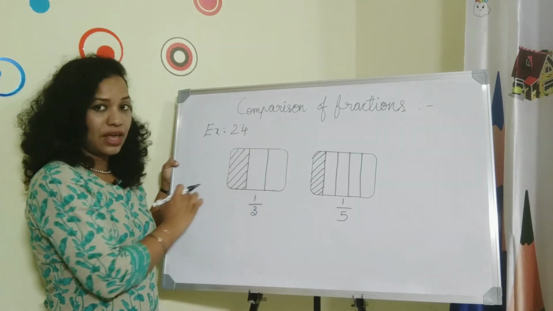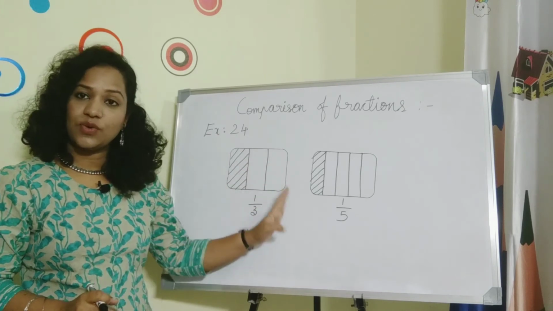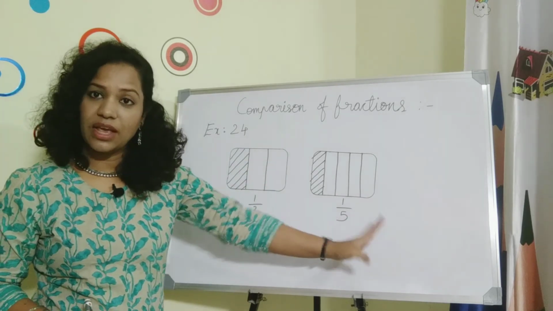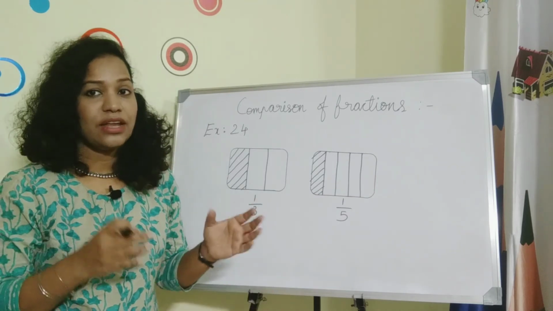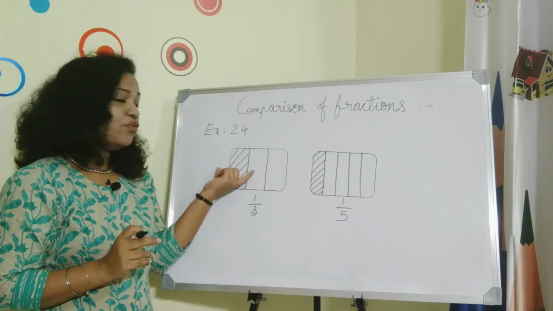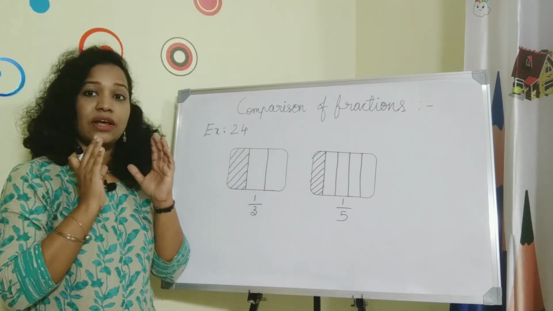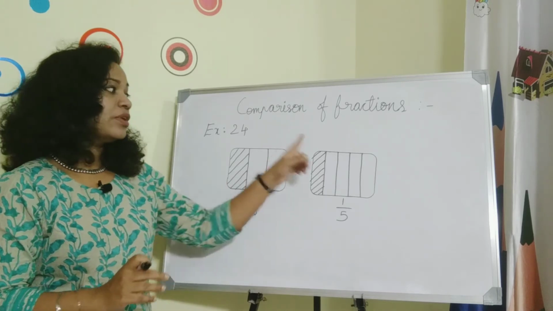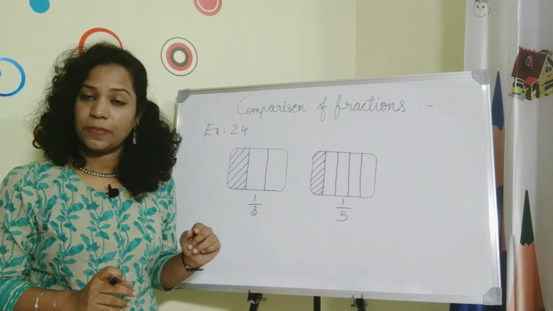Imagine you have a cake of this shape and you have cut it into 3 equal parts. Here the same cake you have cut it into 5 equal parts and you are getting one piece. So if you are getting one piece out of these 3 pieces, will that be bigger than one piece out of these 5 pieces?